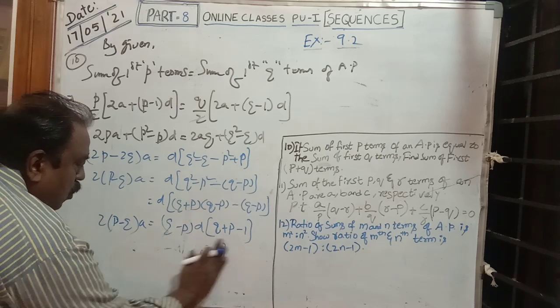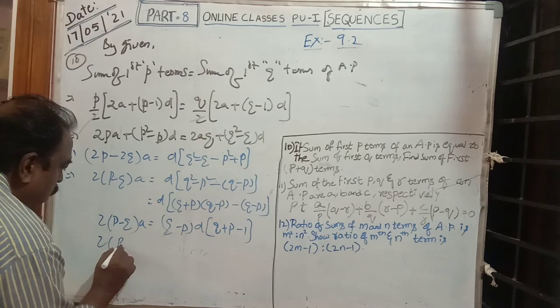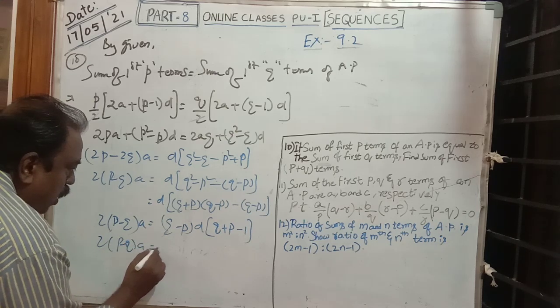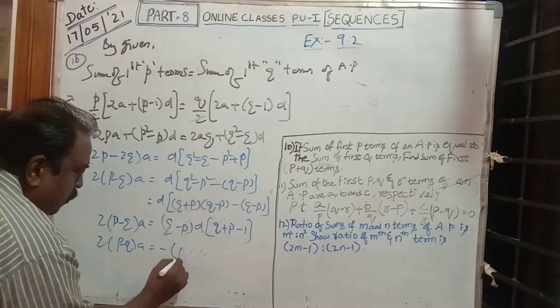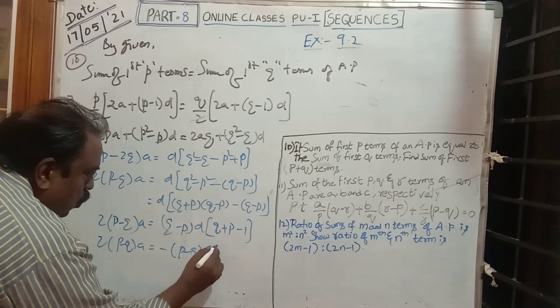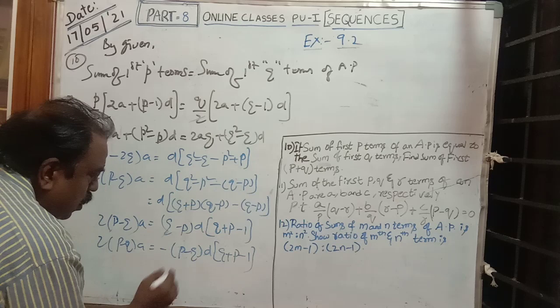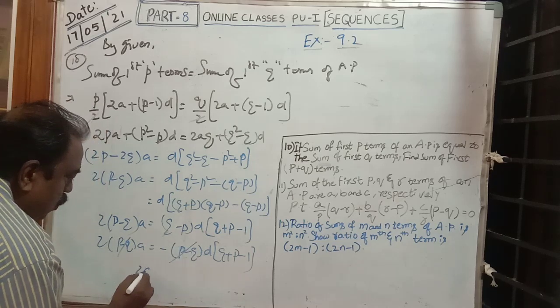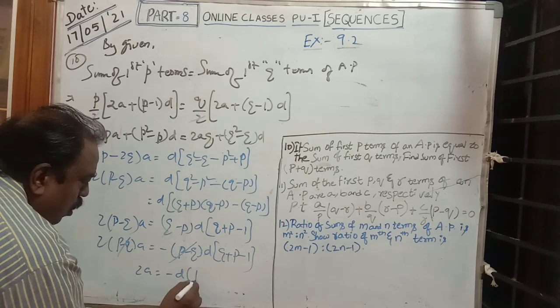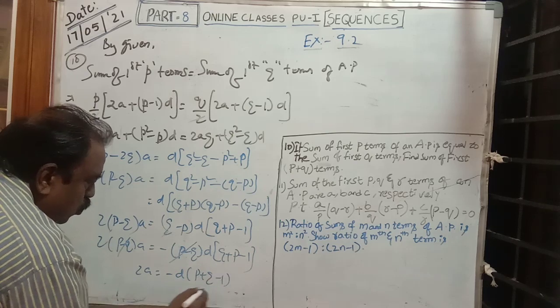What is 2 of p minus q a? It is minus of p minus q d into p plus q minus 1. Now, 2a is equal to minus d of p plus q minus 1.